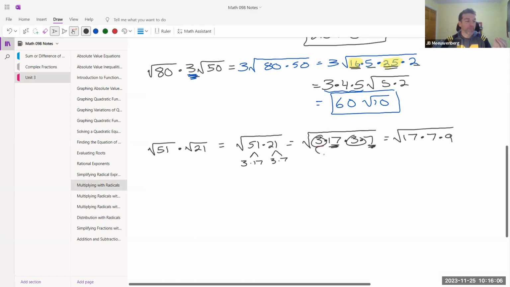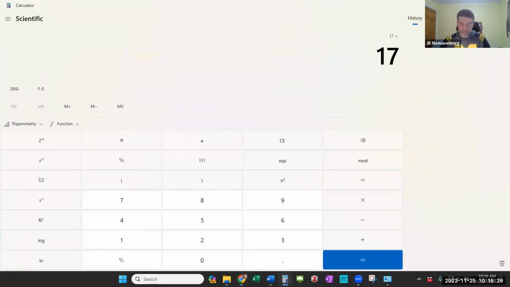By doing that and pairing up these non-perfect squares that actually match, then we can end up with a perfect square inside of that radical. And what do we do next? Well, we take the square root of that 9 and we pull it out to the front, which is 3. And then we multiply whatever 17 times 7 is. And 17 times 7 is 119.